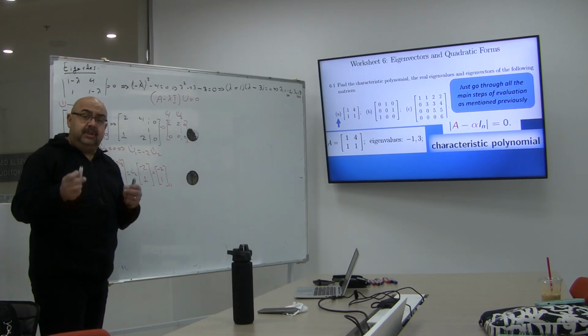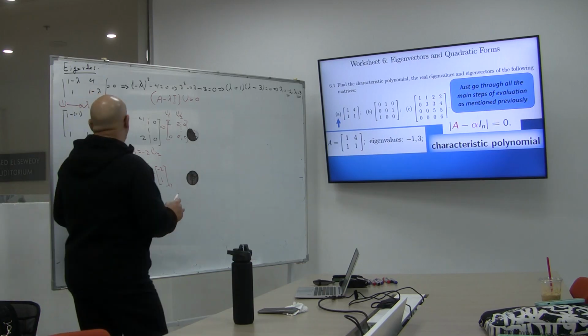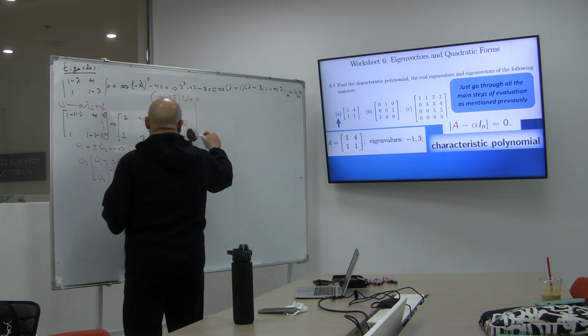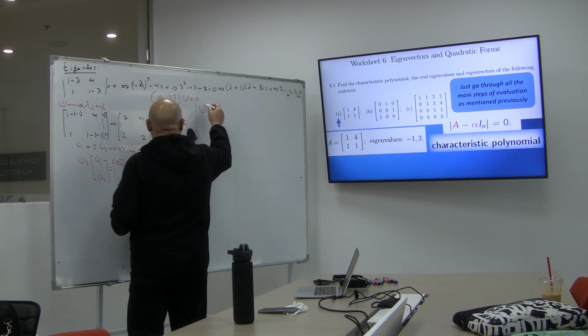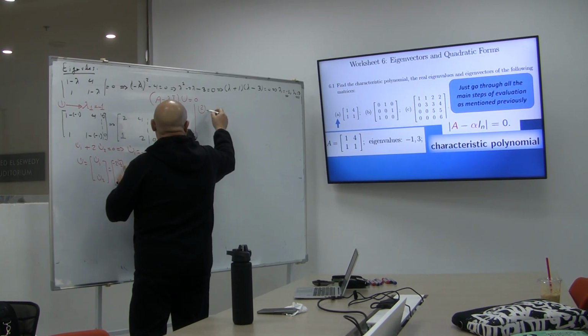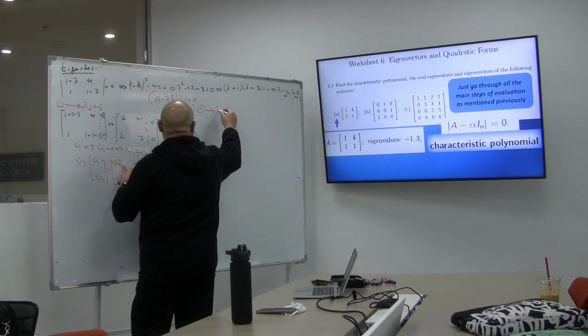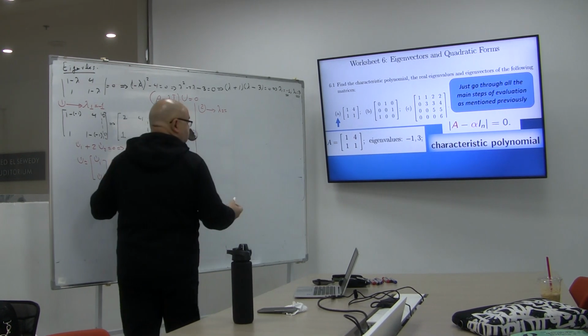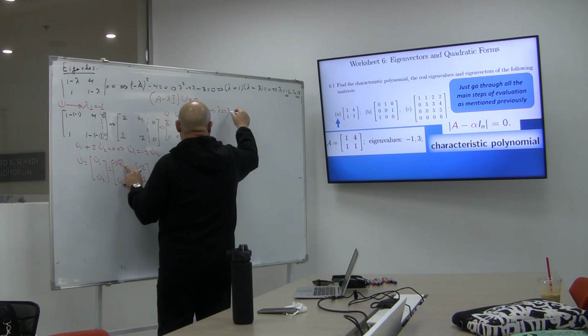I can redo the same steps in order also to get the second eigenvector. So this is u2, which actually corresponds to lambda 2 or alpha 2, whatever, which is positive 3.